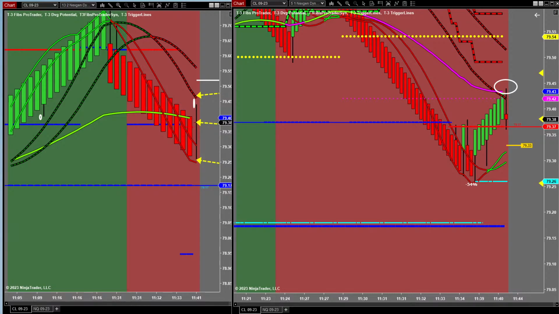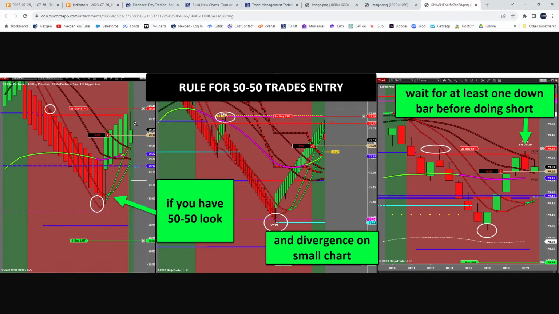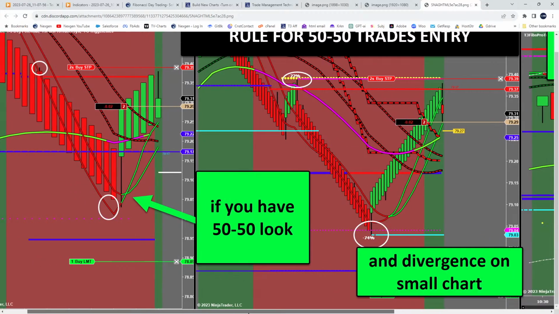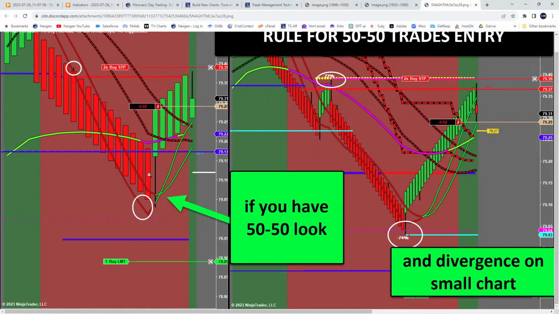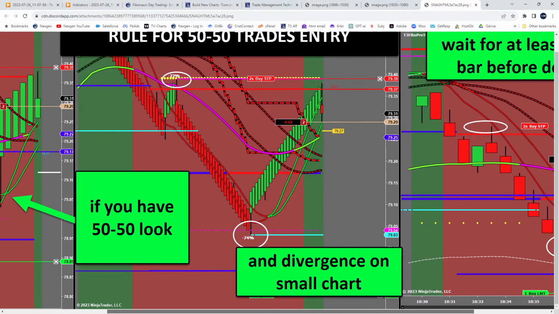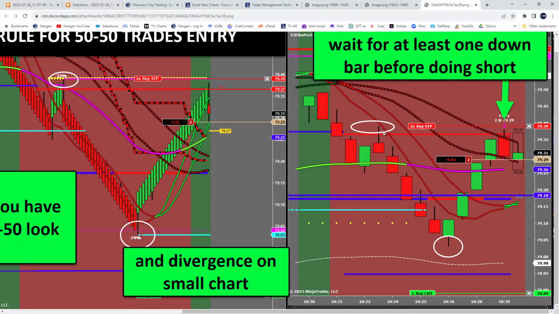All right, so here we go. This is it. So look: rule for a 50-50 entry. If we have a 50-50 look and divergence on the small chart, we're going to at least wait for a signal or a down bar on some other chart.